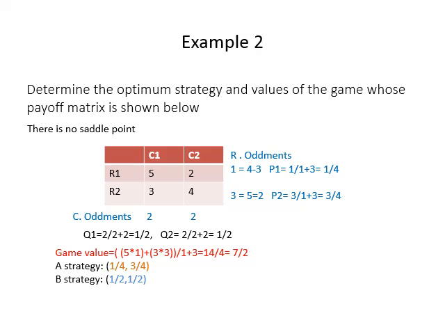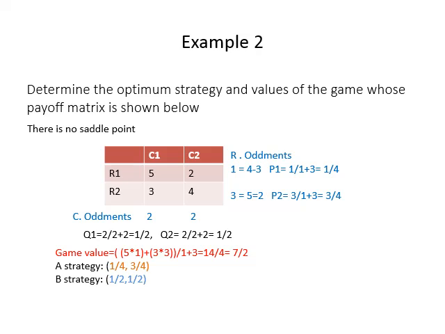P2 equal oddment 3 over 1 plus 3, 3 over 4. These two are the probabilities for player A.